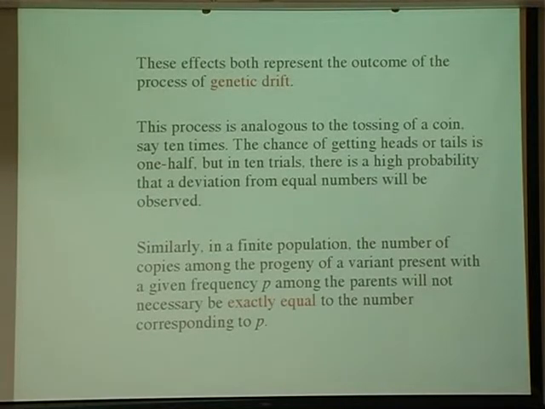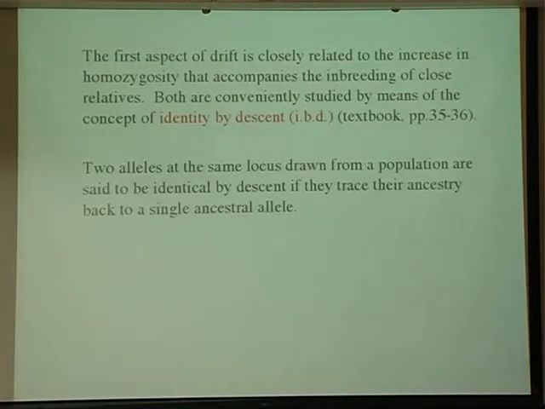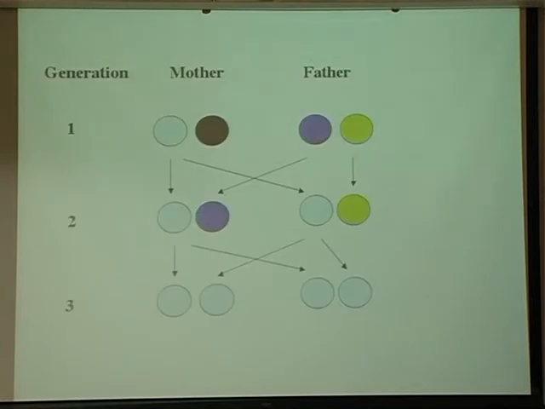Now, there are many different ways of modeling genetic drift. I'm going to look at it in terms of identity by descent, which we've already introduced yesterday. Two alleles at the same site in the genome are identical by descent if they trace their ancestry back to a single ancestral allele. Here's a cartoon of this.